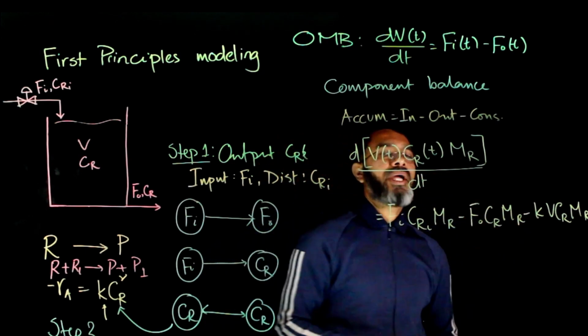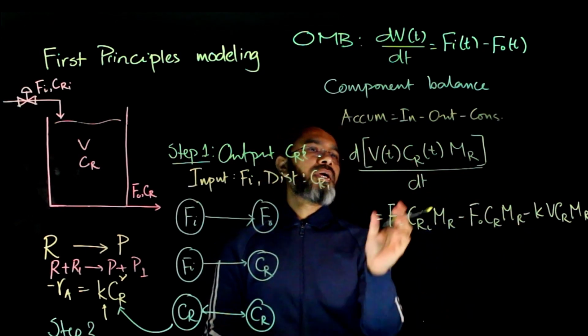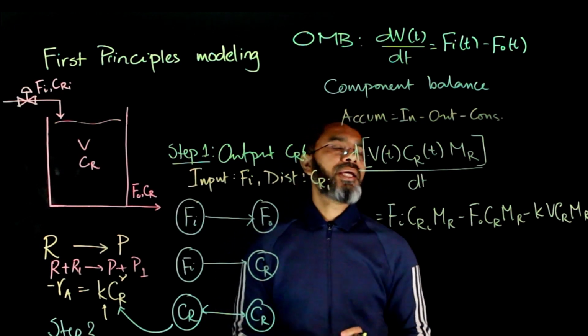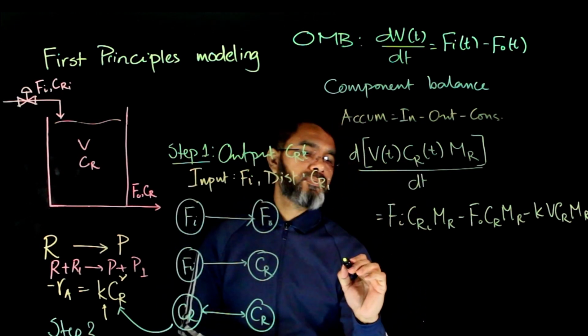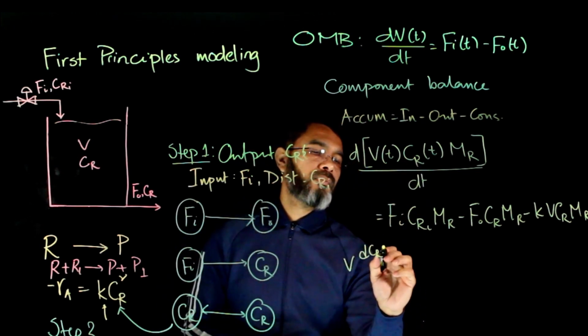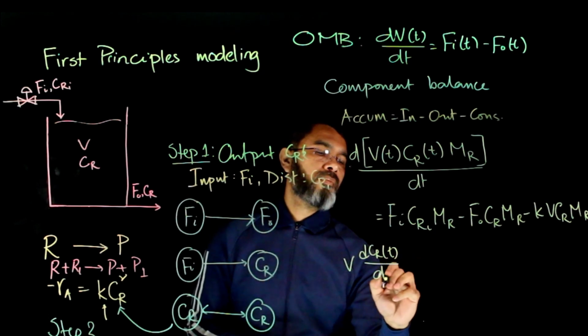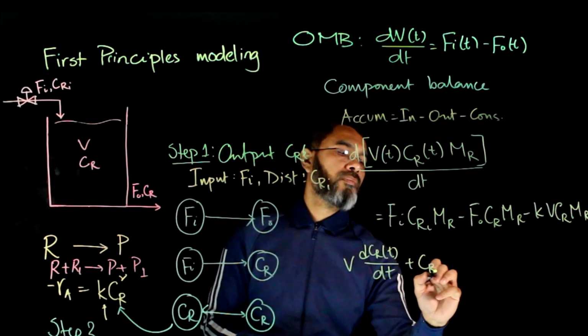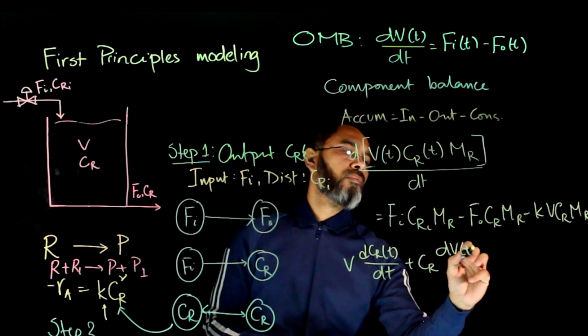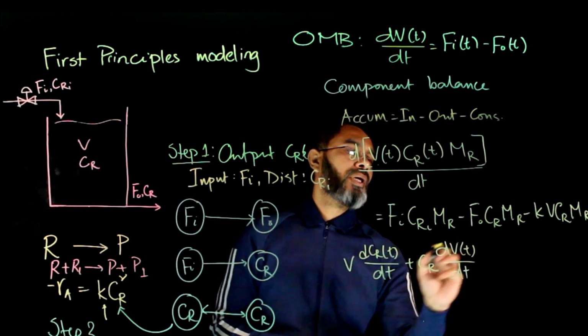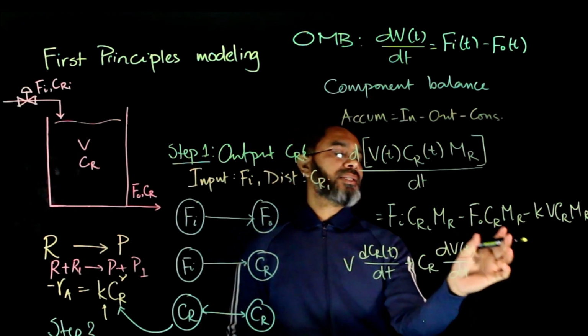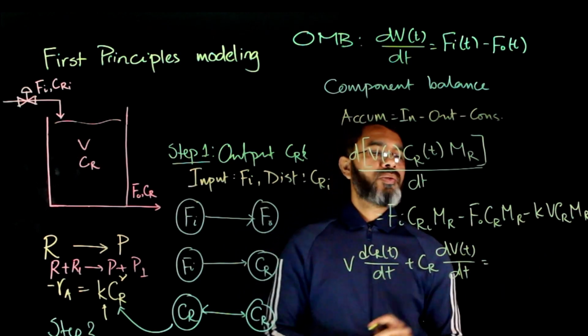Now the MR term gets cancelled for each term, and for this case we'll end up getting the left side term to be d(V CR)/dt. The right hand side will remain the same.